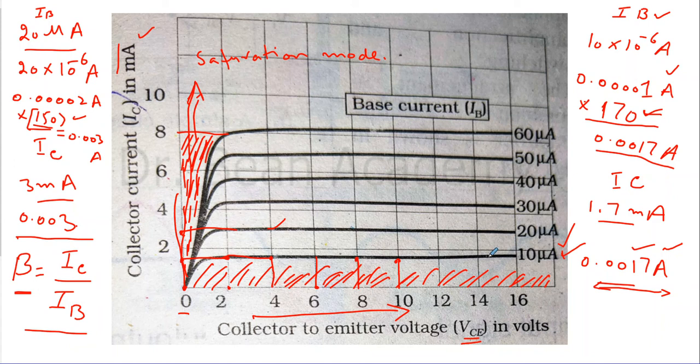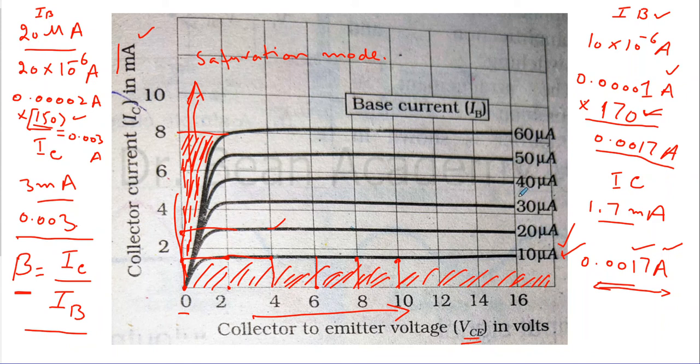So you can see that whatever you fix the base current to, the collector current is amplified proportionally. When it was 10 microampere, you saw there was a huge increase, almost 170. The current gain was 170. And when you increase the base current a little bit, the corresponding collector current is also increased.